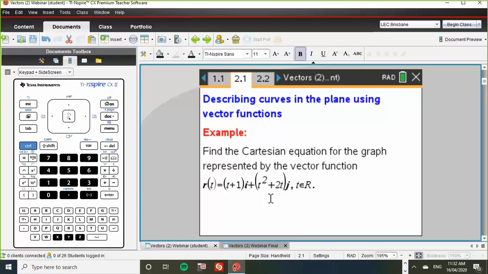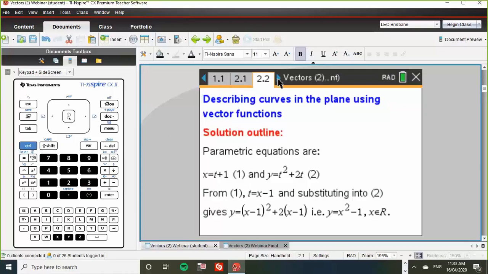In terms of a parameter, there are two what are called parametric equations. And what we do is we attempt to eliminate the parameter t to try and form a relationship between y and x. So as we see here in the solution outline, our first parametric equation is x is t plus 1, and our second one is y equals t squared plus 2t.